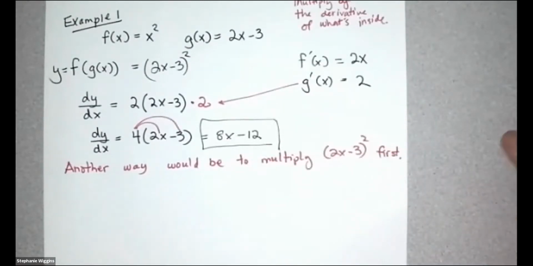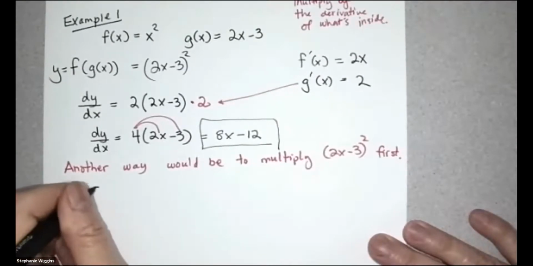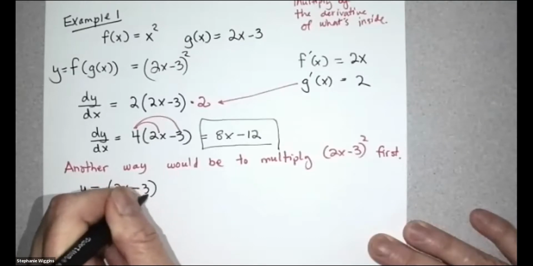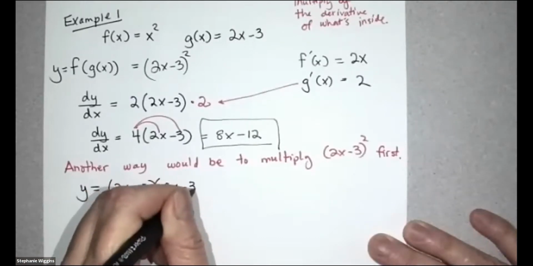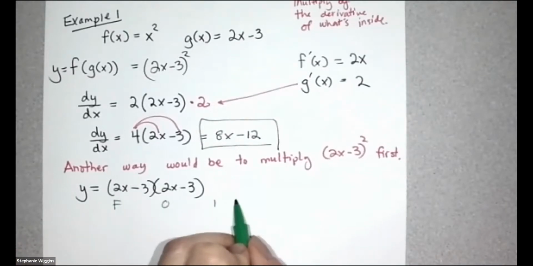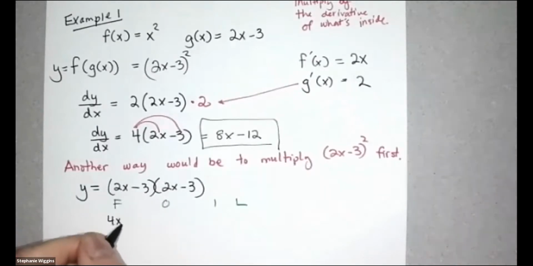Okay, so my composition function here becomes 2x minus 3 times 2x minus 3. And then using the FOIL method to multiply, I have 2x times 2x is 4x squared.